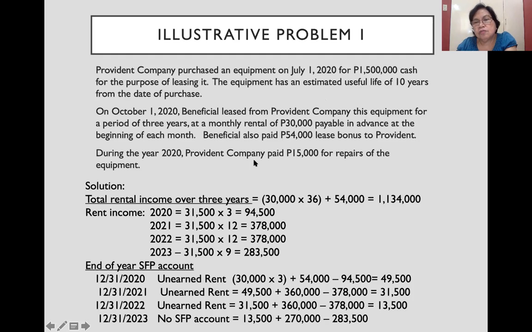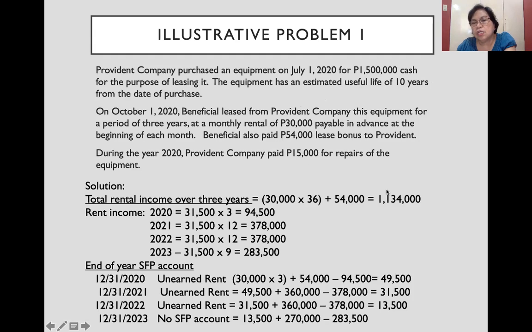Okay, so this is to be accounted for as operating leases. There is no expressed provision as to transfer of title. There is no bargain purchase option. The lease term here is 3 years. Useful life is 10 years. The lease term is 3 years, so that is not major.